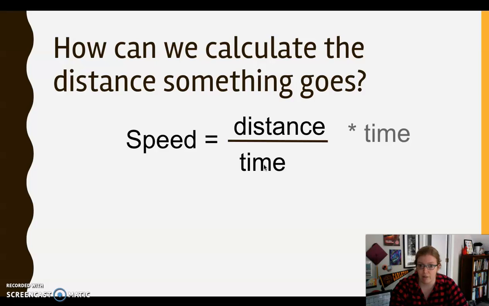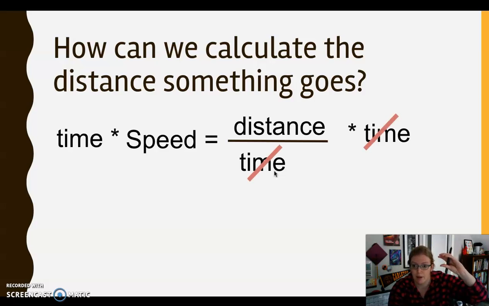So to do that, from math class, you recall that you can multiply the equation times that thing. So I'm going to multiply by time. And if I do that to one side of the equation, I have to do that to the other side of the equation as well. So multiply by time on both sides. And you might recall from math class that if I have something on the top of an equation and the bottom, on the numerator and the denominator, it's the same thing.